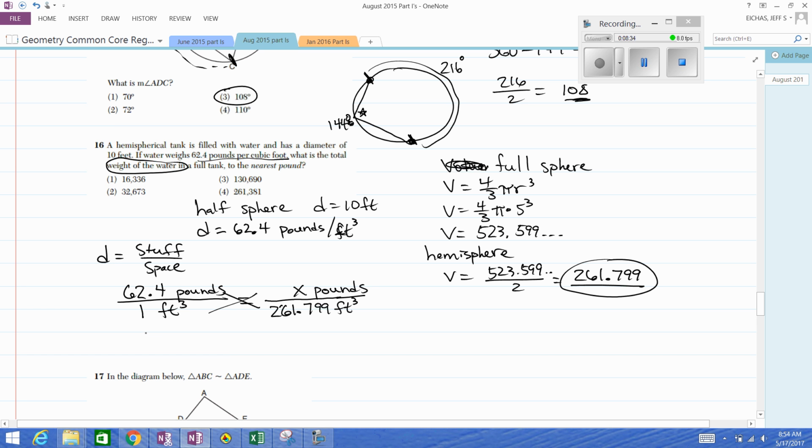So X is whatever 62.4 times 261.799 is, and it looks like it's 16,336.3, and that's going to be the weight of the water. That's going to be pounds. All right.